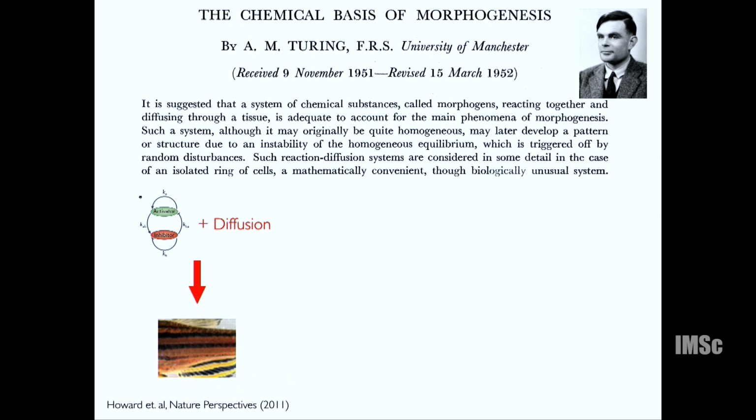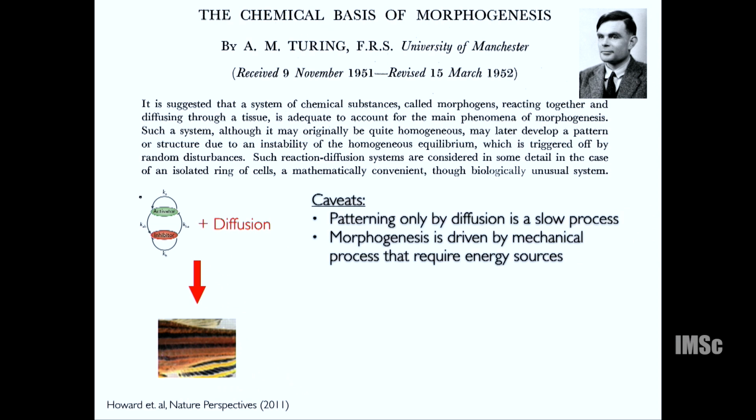But there are certain things one should keep in mind, because if you think of achieving development of an organism simply by this kind of reaction-diffusion process, there will be some caveats, because diffusion is a very slow process. Okay, and I will give you an example. In principle, these are not simply proteins which are diffusing.